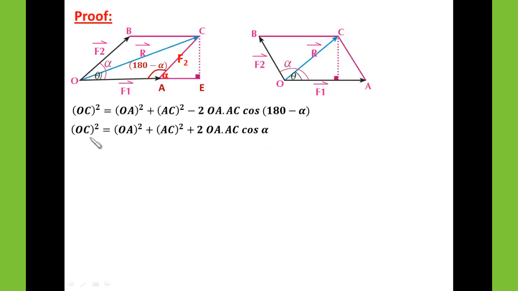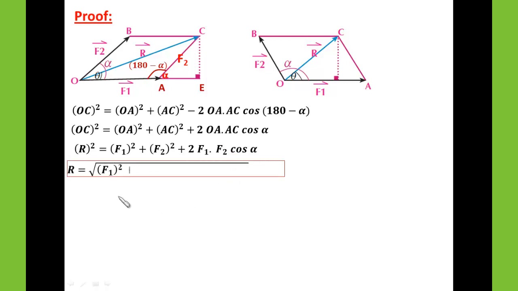Since OC squared equals OA squared plus AC squared plus 2 OA AC cosine alpha, we can substitute by R, F1 and F2. So we have R squared equals F1 squared plus F2 squared plus 2 F1 F2 cosine alpha. Then R equals the square root of F1 squared plus F2 squared plus 2 F1 F2 cosine alpha.